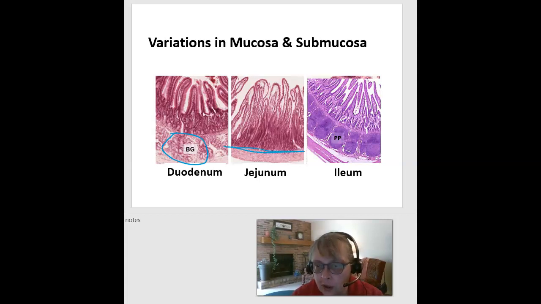In the ileum you have submucosa again, but rather than Brunner's glands, you have Peyer's patches. That makes the most sense because by this time the material in the lumen has probably already been neutralized, and there's been enough mucus and alkaline solution neutralizing the acidic chyme.